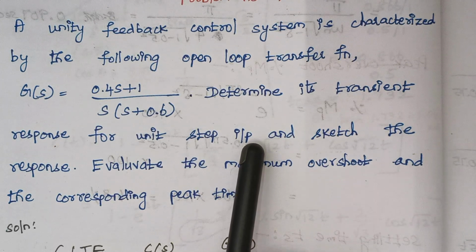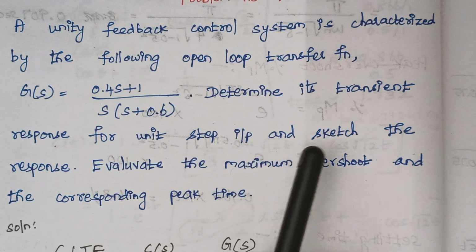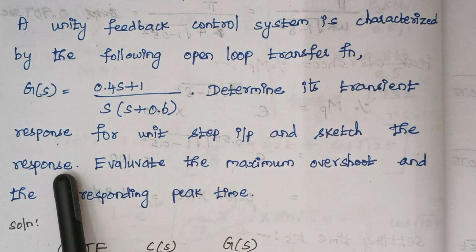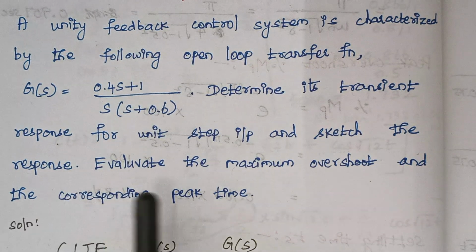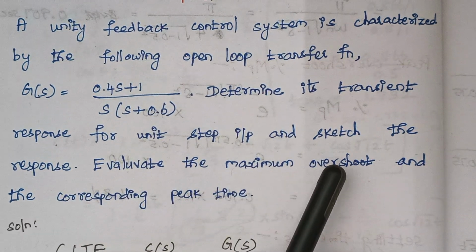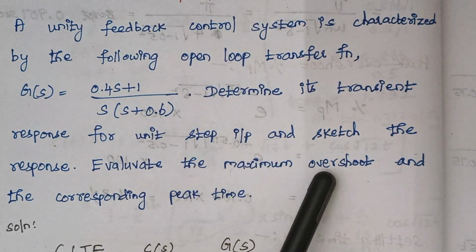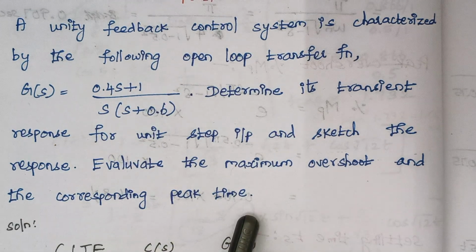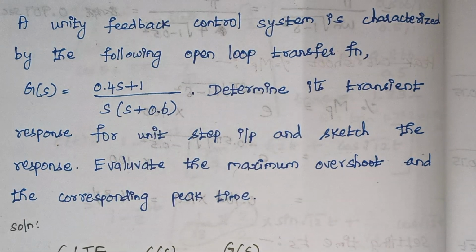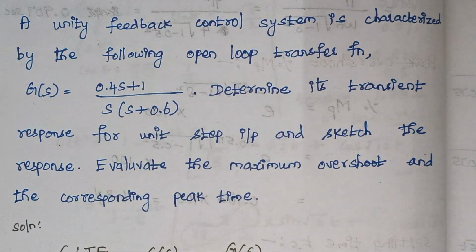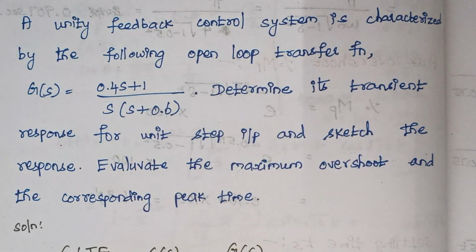We are asked to find C of t and sketch the response. We are also asked to draw it. Evaluate the maximum overshoot, that is, find the value of maximum overshoot and the peak time. Right. So the first step is we need to calculate the closed loop transfer function.